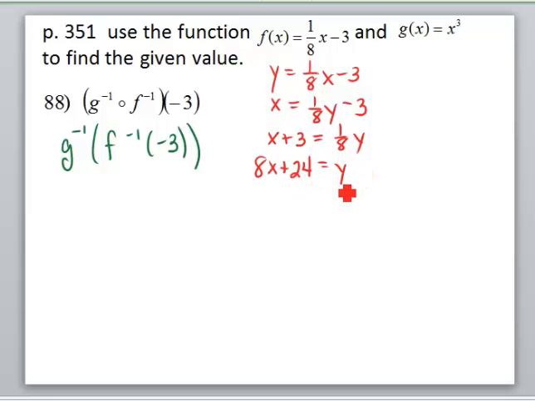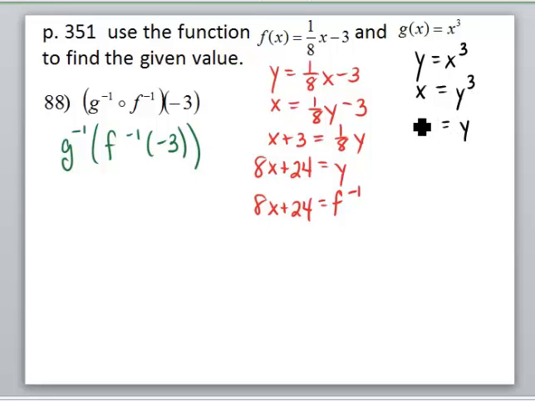So f inverse is 8x plus 24. For g, I will flip-flop my x and my y and solve for y, and I get the cube root of x. So g inverse is the cube root of x.